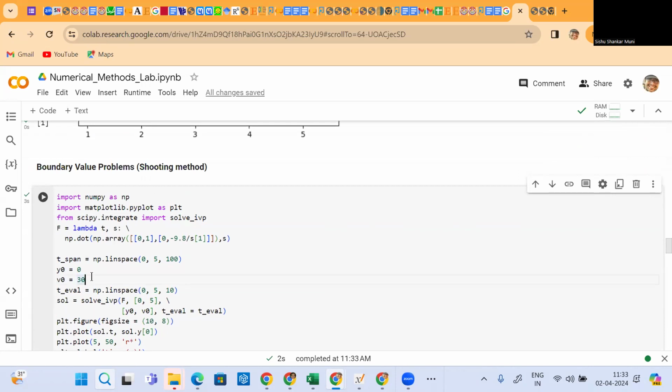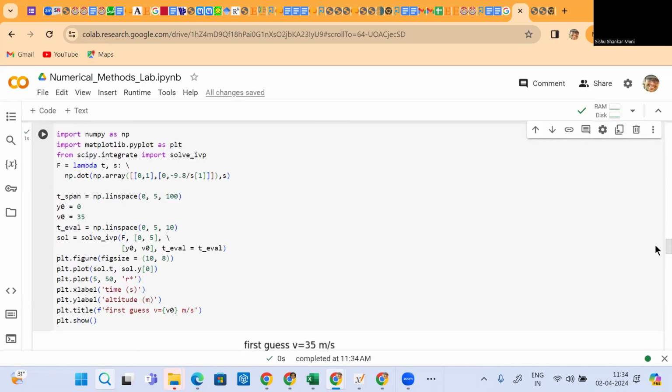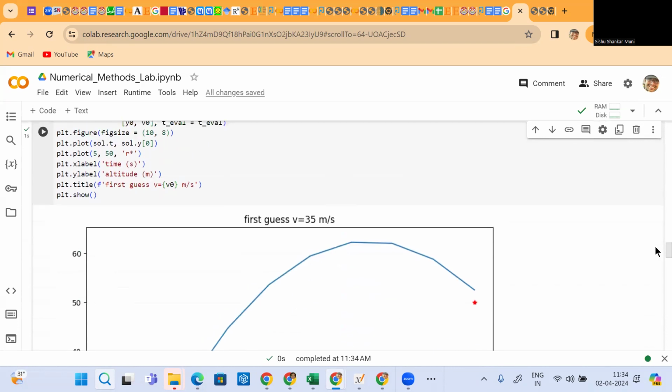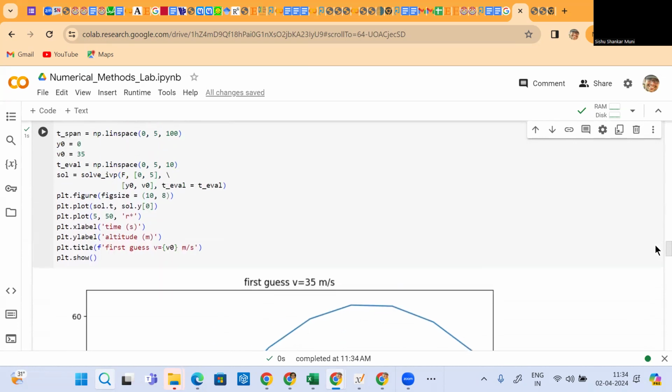Previously I took 40, is it? So 30 to 40. So what we can do is 35 now, the midpoint. Yes. So coming closer. Okay. But not accurate enough, right? So now we had 30. Now we are having 35. What we can do?